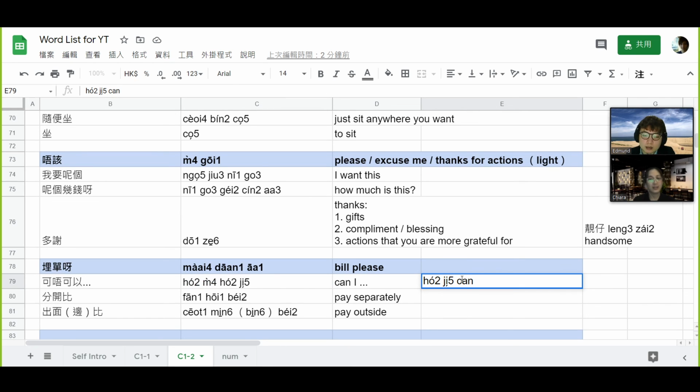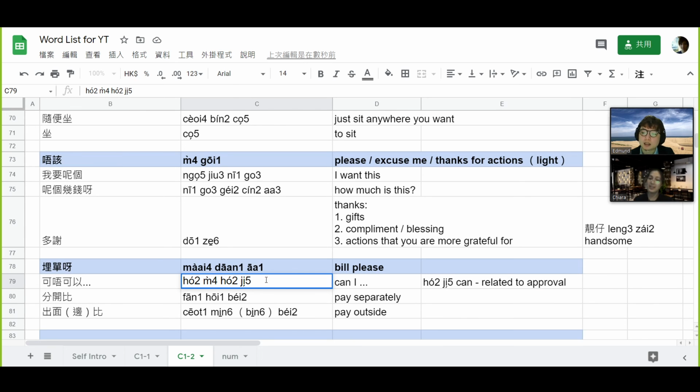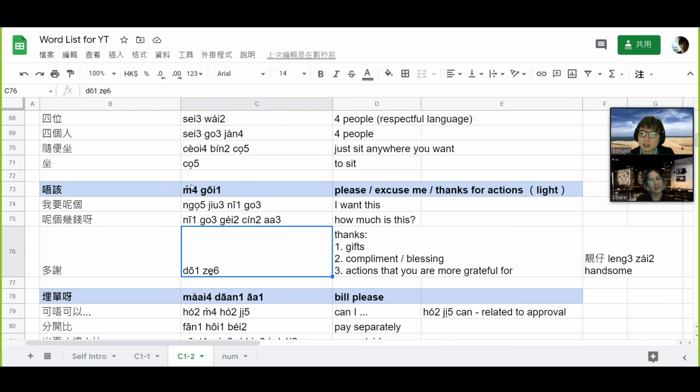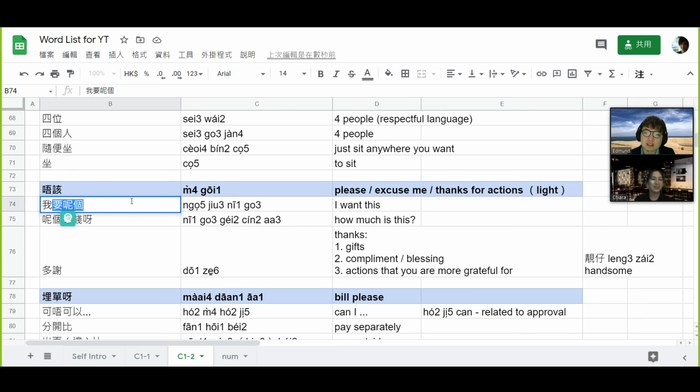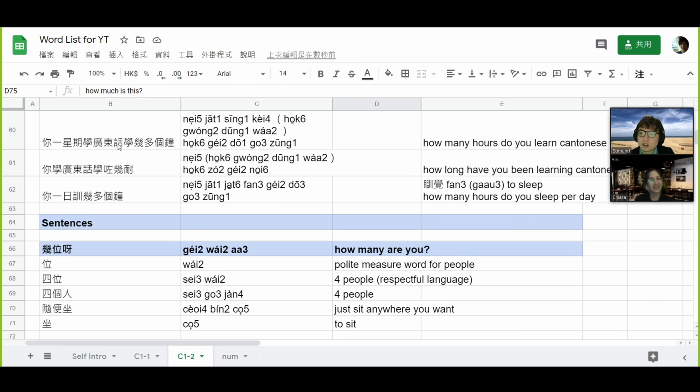可唔可以? 可以 is the can part, but this can is a lot related to approval, not related to ability. 可唔可以, so you ask may I, could I, something like that. Then you add the things, for example 可唔可以坐呢度, can I sit here. 可唔可以要呢個, can I have this. 可唔可以學廣東話, but then that will be like am I allowed to learn Cantonese.